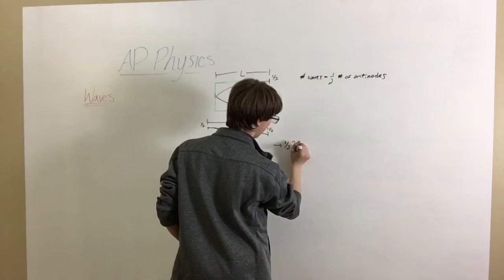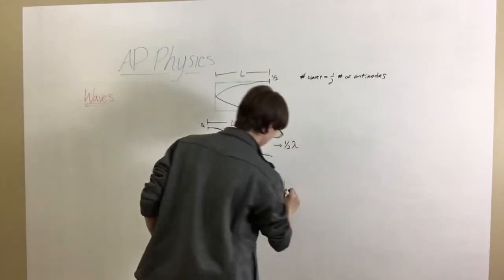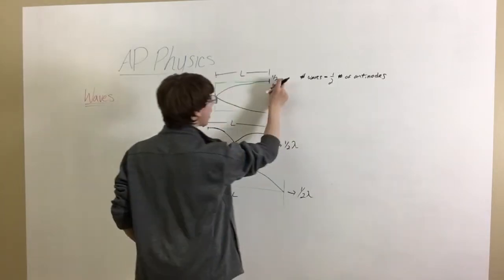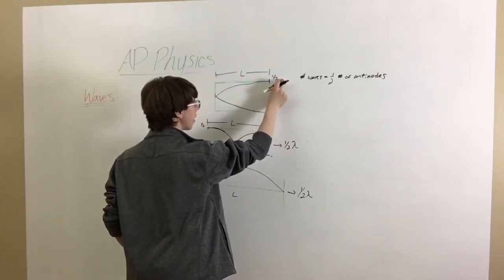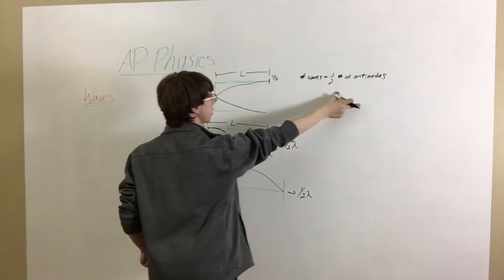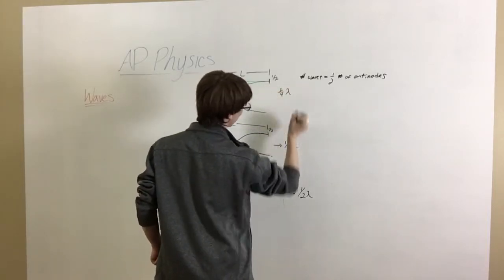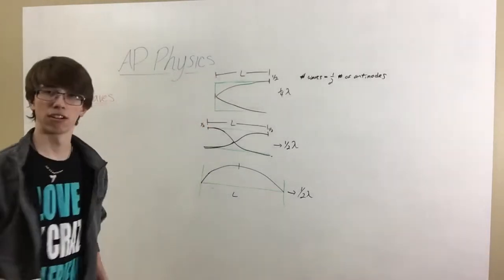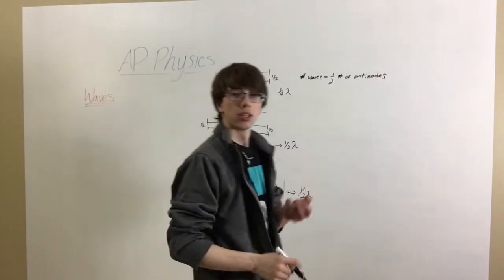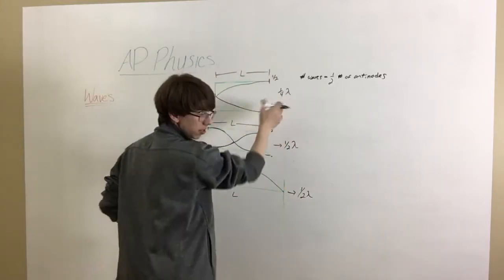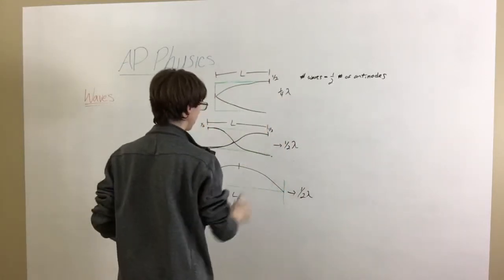So that means we have half of a wavelength. And here we also have half of a wavelength. Here we have half of a node, half of an antinode, so we have to divide that by 2. So we have 1/4 of a wavelength. Since we have 1/4 of a wavelength here, 1/2 and 1/2 here, that's the reason why this one's different, because it's not actually like the other ones.